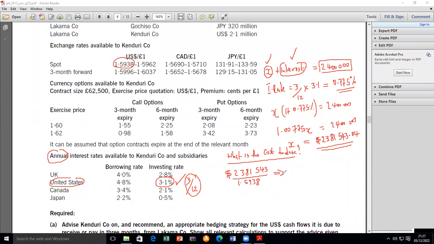What's the cost today? Mr. Perry, what have you written down there? It's 1.5938. Yeah? This one. Okay, all right.